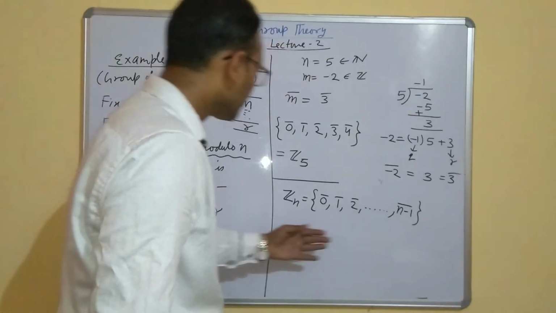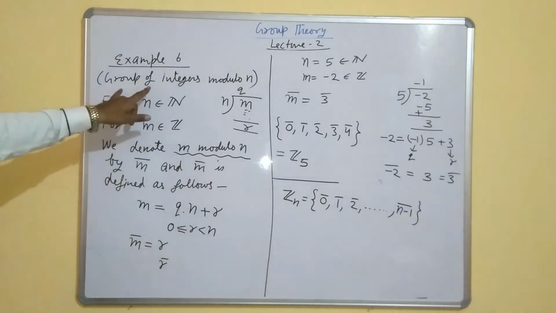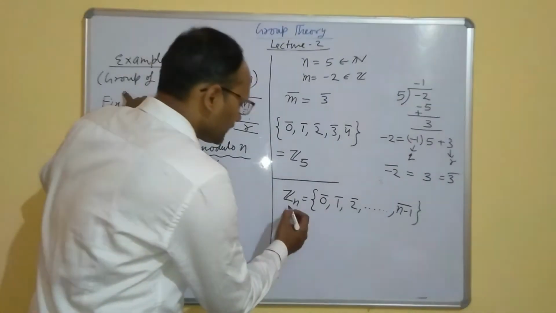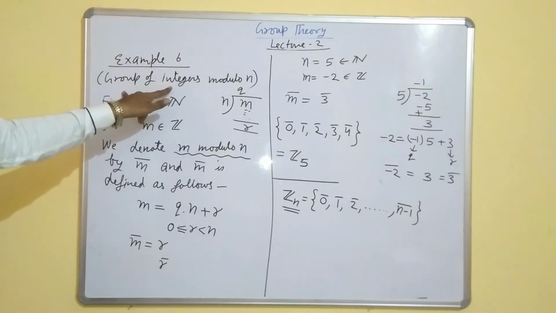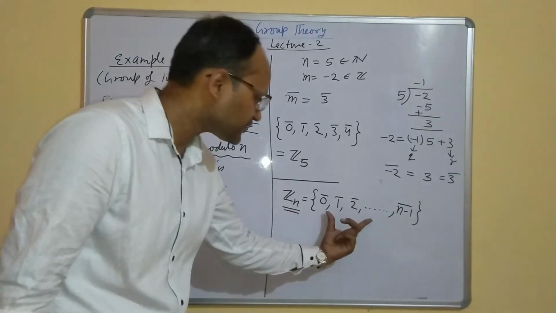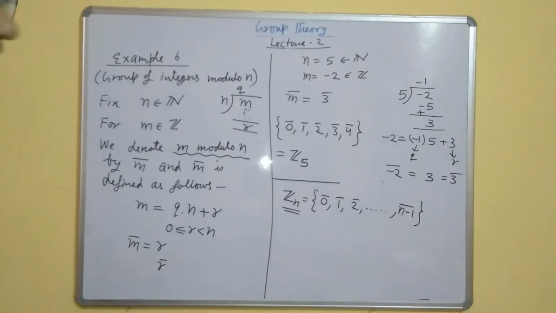So this set Zn, we will show that it forms a group with respect to addition of these numbers. We will define addition, and that is called the group of integers modulo n.